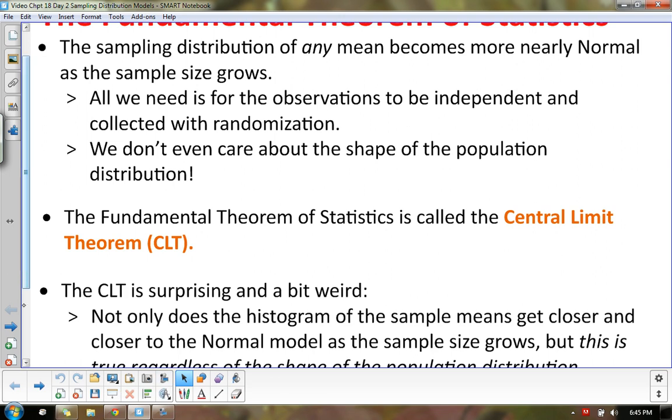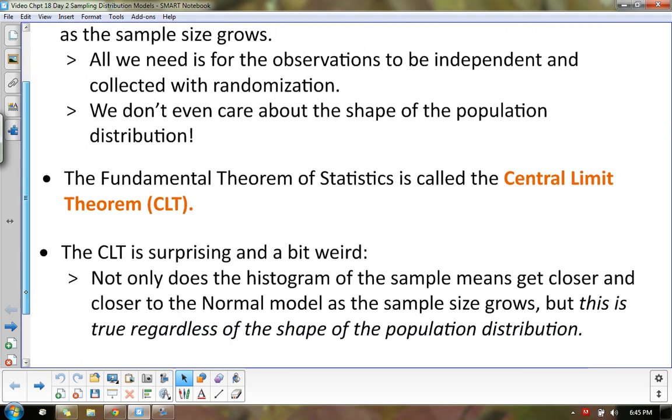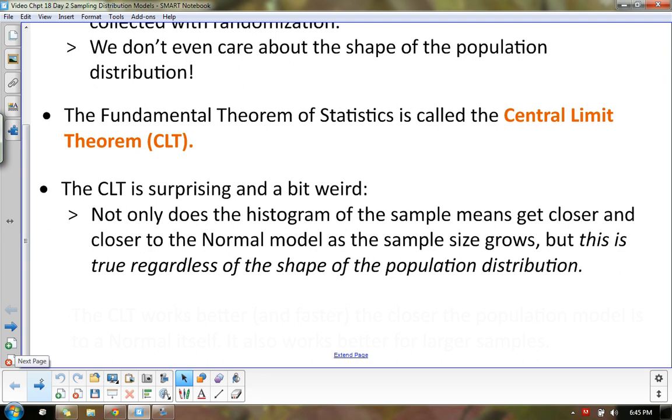Well, the central limit theorem of statistics is a little interesting. It tells us that not only does the histogram of the sample means, but really any average of either means or proportions, get closer and closer to the normal model as the sample size grows, and this is true no matter what the shape of the original would be.